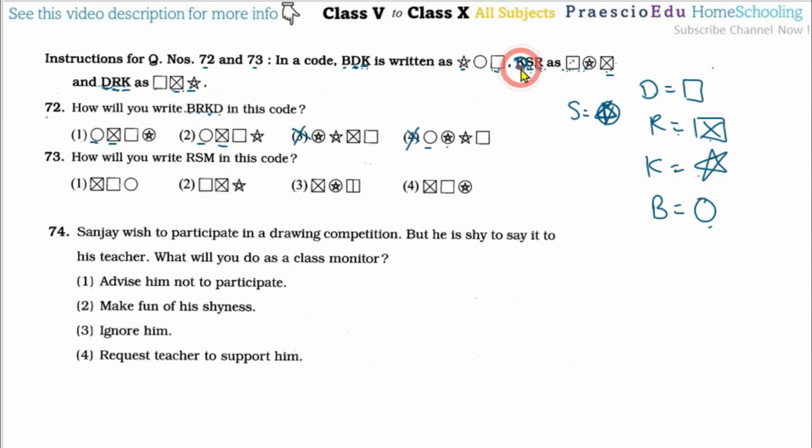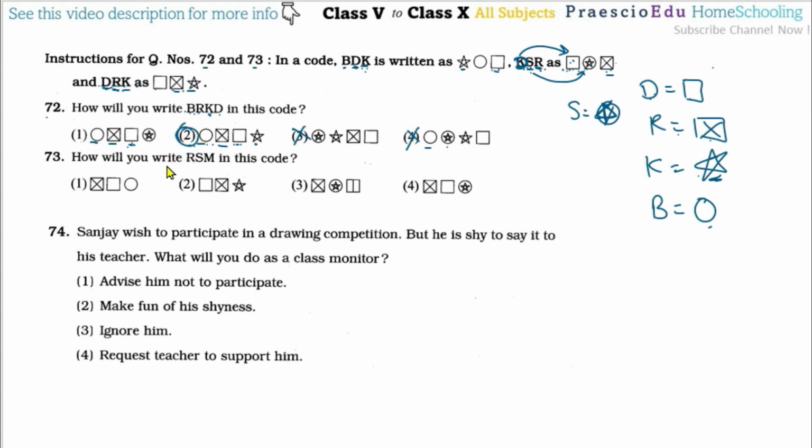Some printing mistake is there here. So K is this one and D is this one, so option number 2 is correct, though not in the same arrangement. Okay, option number 2 is the correct one. So K means this star, and D means this square. Option number 1 has different symbols in a different sequence. These symbols are covered in option number 2, so option number 2 is the correct one.